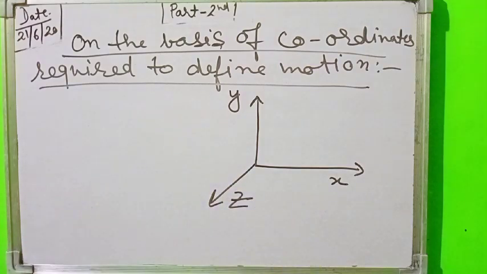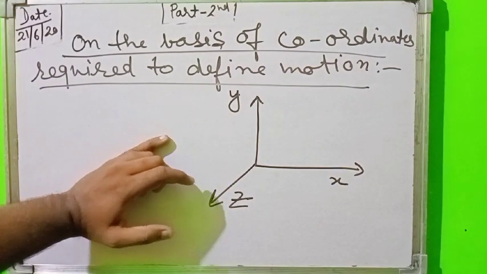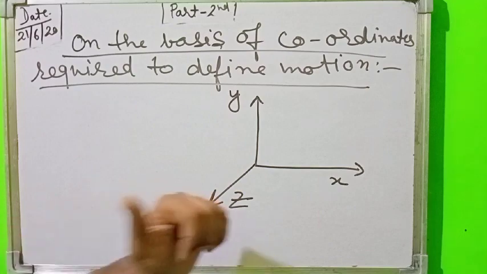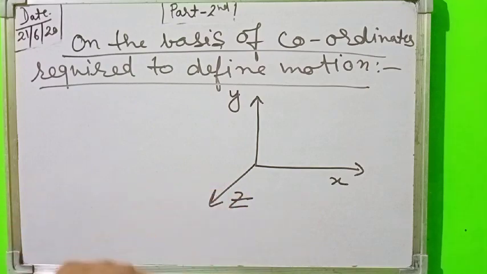Because this is a two-dimensional board, the third dimension is not appropriately drawn here, so try to visualize it. Suppose the corner of the wall of your room: one edge is the x-axis, the other edge is the y-axis, and the top edge is the z-axis.